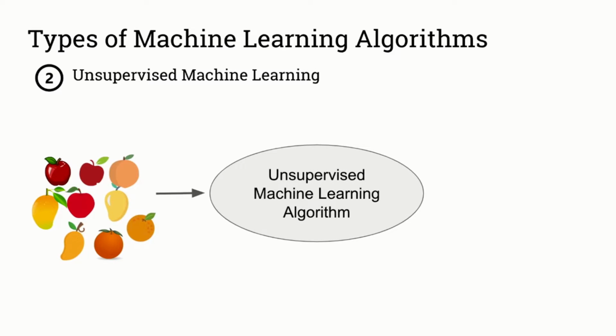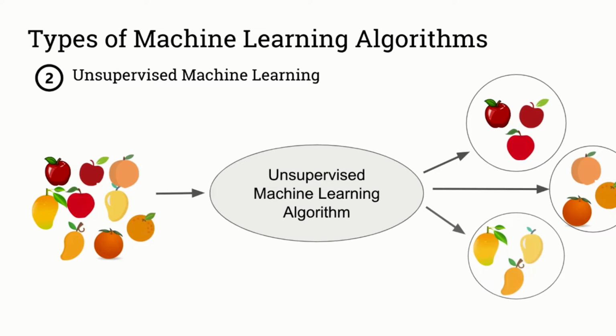This goes to an unsupervised machine learning algorithm, and based on the things that it sees, maybe the size, color, and whatever features the machine learning engineer chooses, it would classify them into three buckets. Over here, our unsupervised machine learning algorithm looked at the data set which was given to us, and it said, okay, I think that all the images which are red in color, which look like this, are in bucket one.